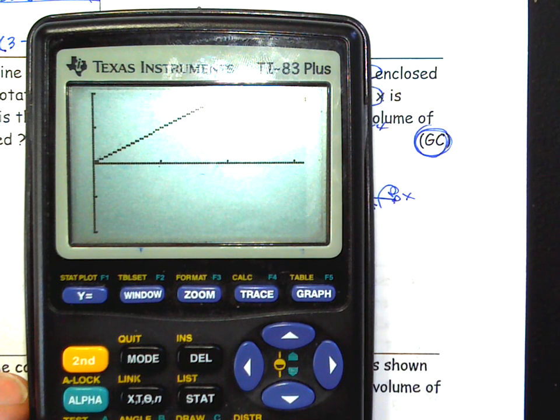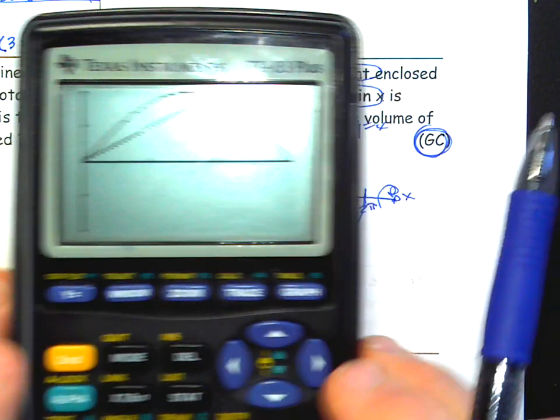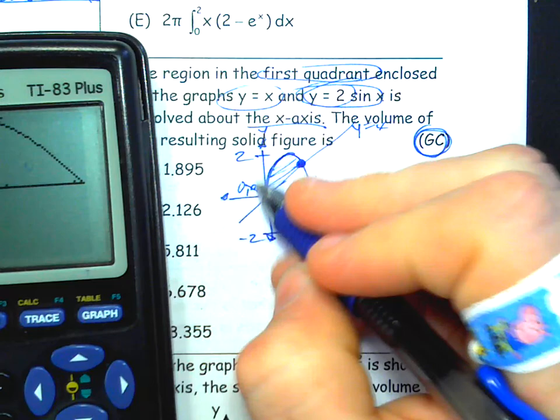So there's y equals x, there's your sine curve, and there's the intersection we need. The other intersection is 0, 0. I know they both go through 0.